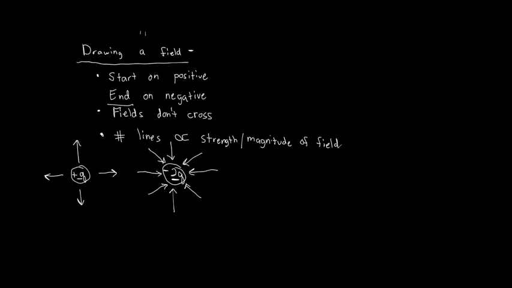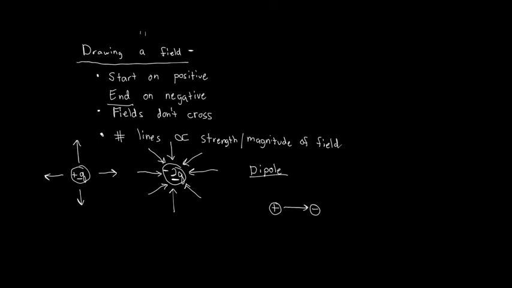Something you might see in chemistry class with dipole molecules, and we'll see this with dipole charges. Dipole means 2 poles, so I have a positive side and a negative side. If I draw the field of this dipole, my field goes away from the positive and towards the negative.